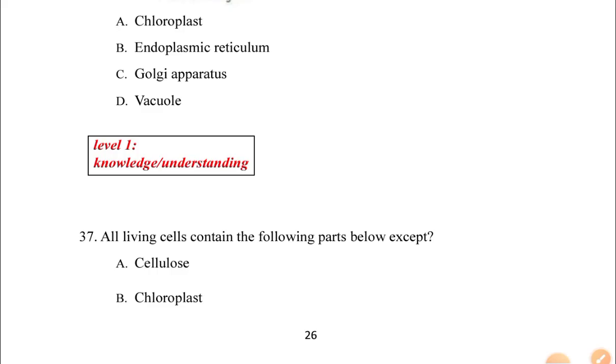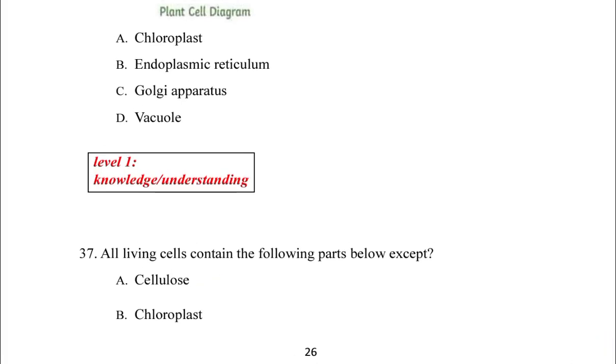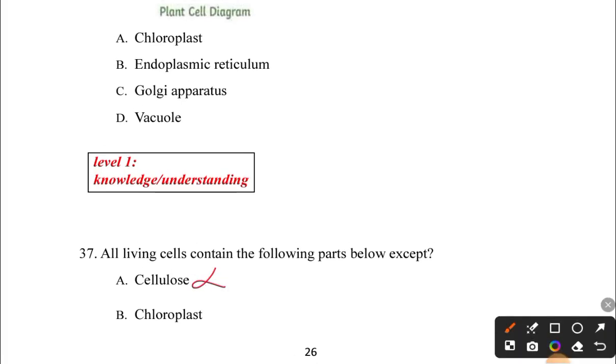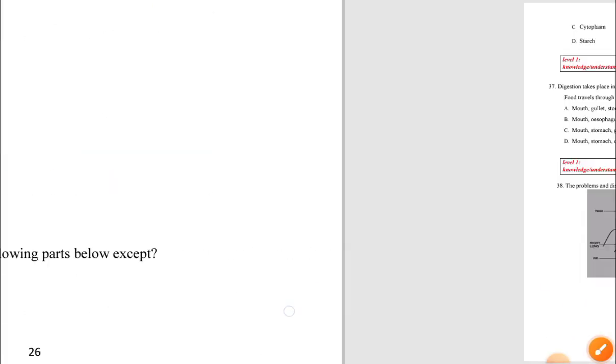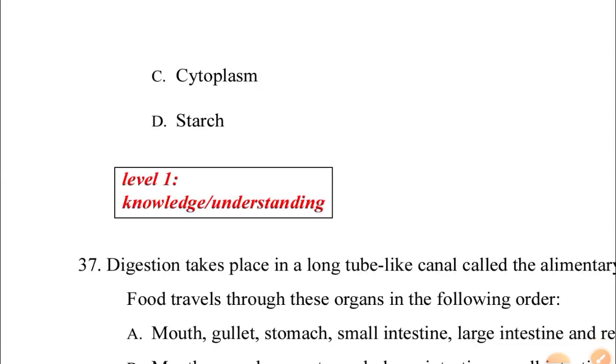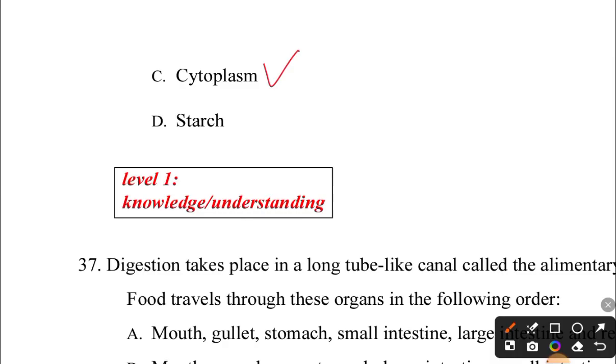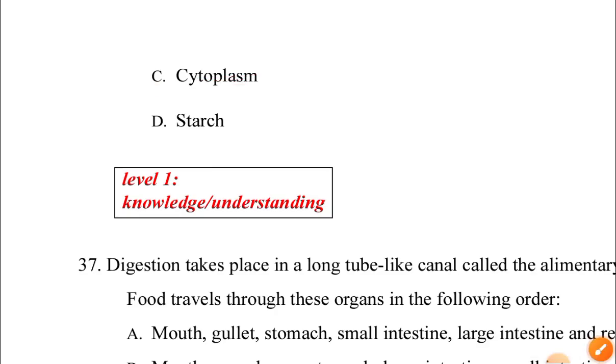Cellulose is only found in plant cells. Chloroplast is found only in plant cells. Cytoplasm is found in both plant cells, animal cells, and all other cells. Starch? No. So the answer to question 37 is C, cytoplasm.